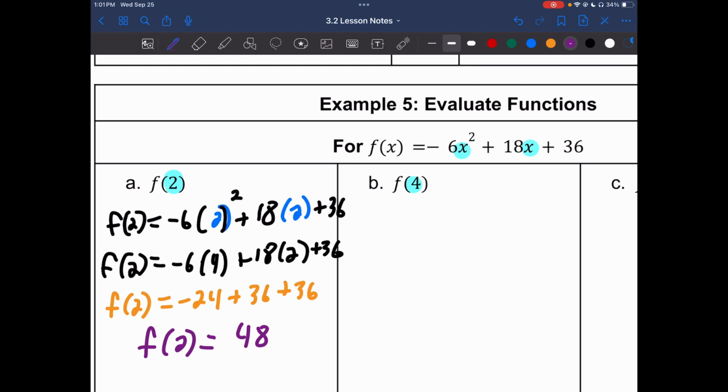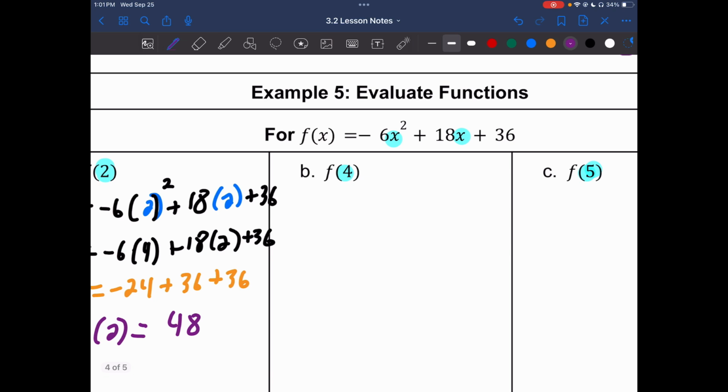Now, letter B, we have f of 4. So we're going to substitute that in. So we got negative 6 times 4 squared plus 18 times 4 plus 36.